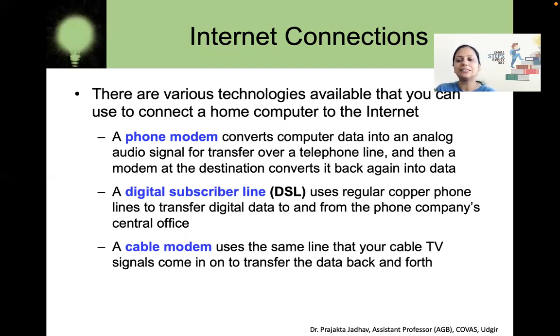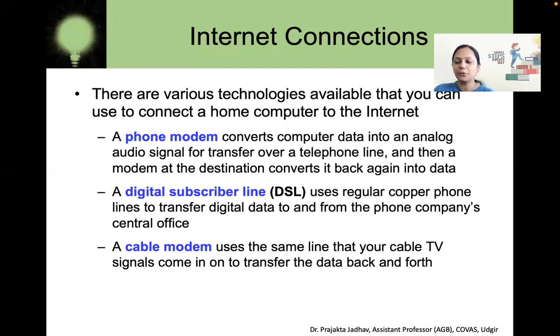Besides that, there is digital subscriber line and there is cable modem. Your phone modem is a wireless type of connection, but your DSL and cable modems are wired. You need a wire for these connections. For digital subscriber lines, you need copper phone lines for transfer of digital data.